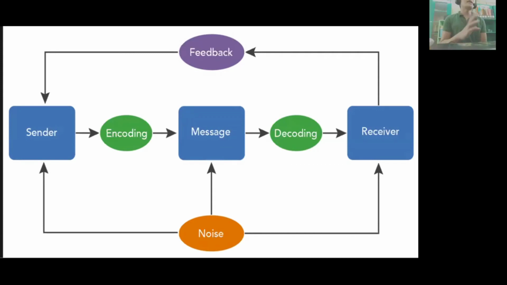Then the speaker transmits or sends out a message through any form of channel. When the receiver gets the message, the receiver decodes or interprets the message based on the context. Right after the message is decoded, it is the time for the receiver to send or provide feedback.